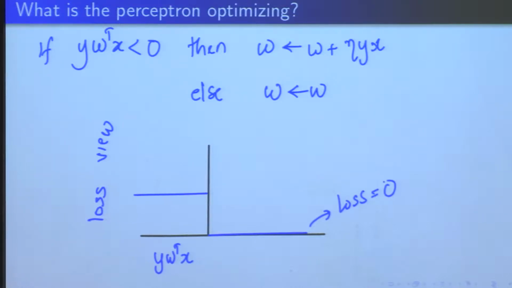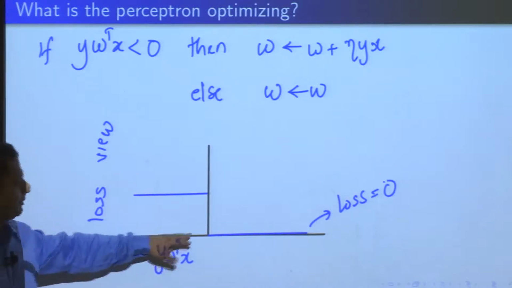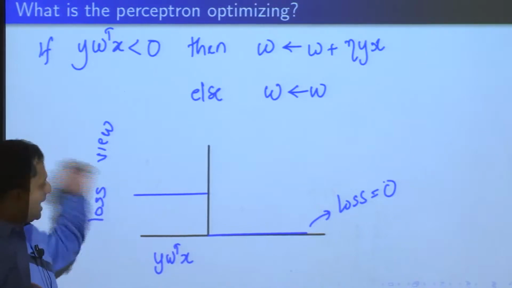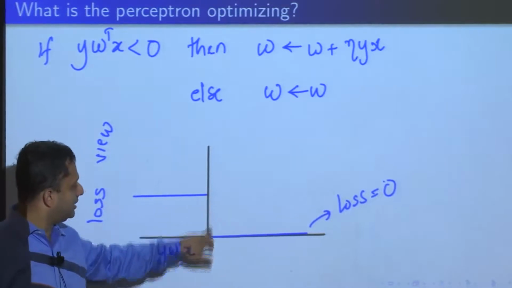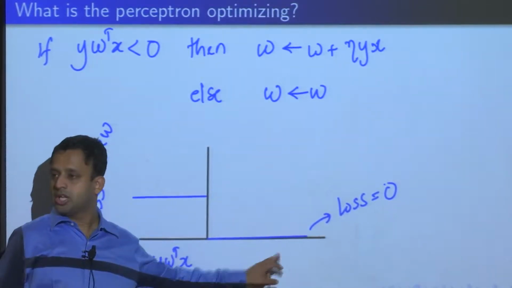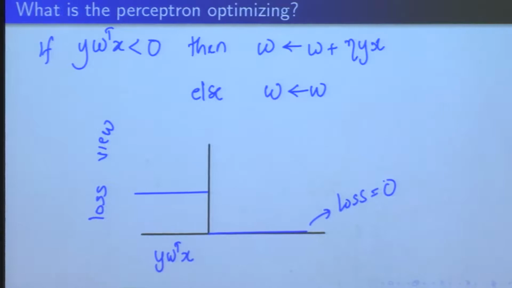Is that correct? Implicitly that's what is happening. So this is like a step loss. Whether the loss has some gradient or not is another question, but certainly it suddenly vanishes at 0, right?